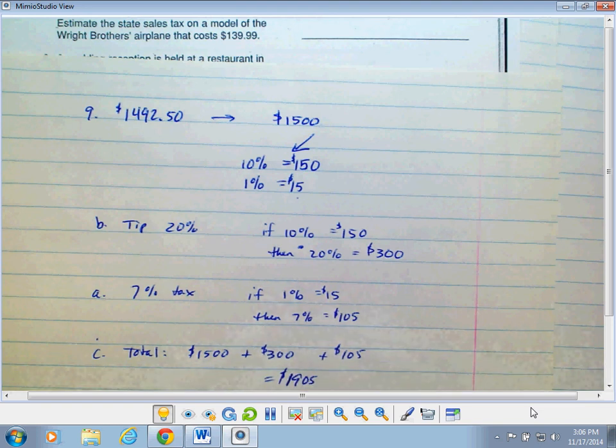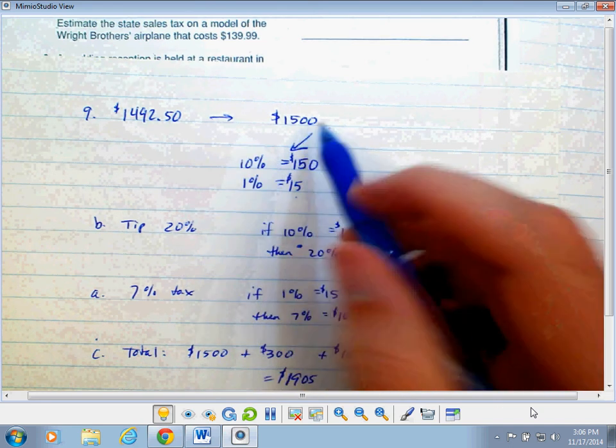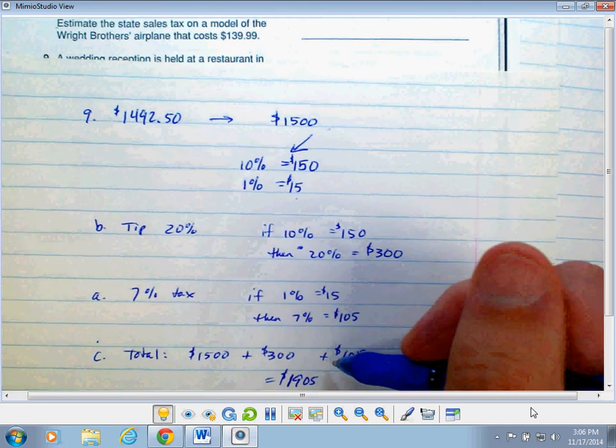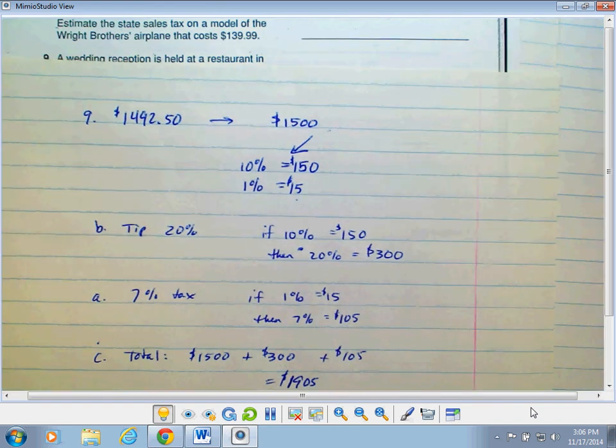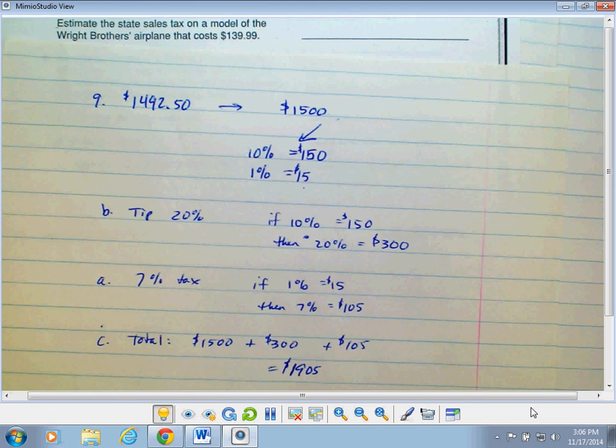Well, that's probably a little bit of a high estimate because remember we did it all based off of 1,500, so we rounded up, which means our estimates are rounded up a little bit. But that's a pretty good estimate to what these values are really. Another way of looking at it is if you went there with $1,905, you would at least have enough to cover the cost of this bill.